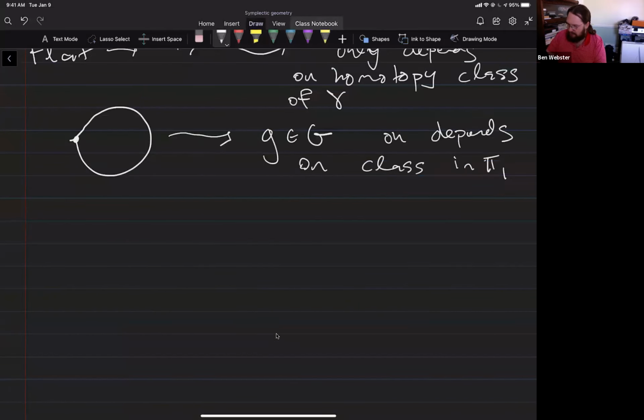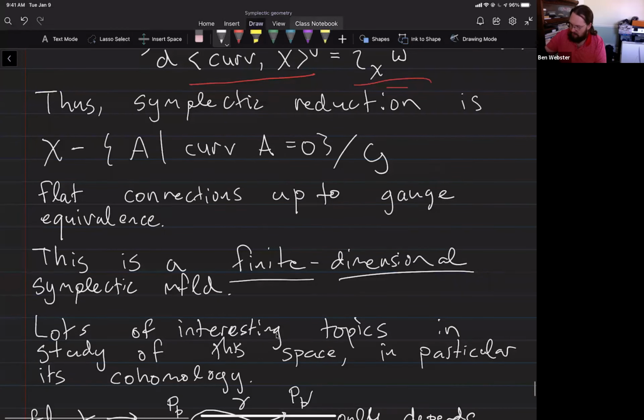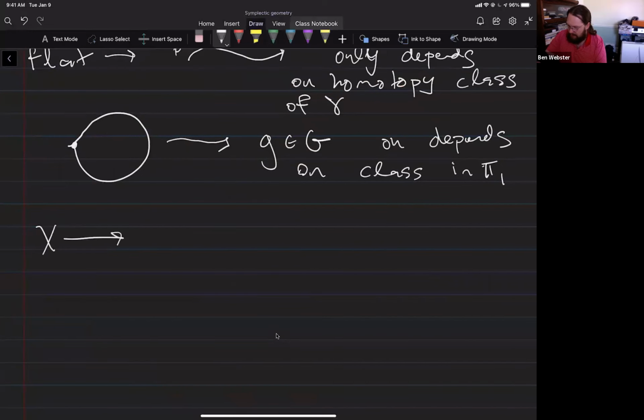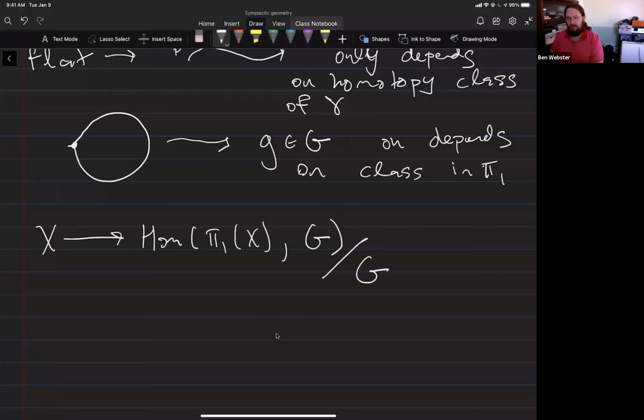So in fact, this reduced space, which maybe I'll give a name, X, each point in X gives me a homomorphism from pi1 into the group G. Modding out by gauge just means that I look at this homomorphism, and when I act by a gauge transformation, it conjugates this action by a particular element of the group. And this map is actually a bijection and a diffeomorphism, if you interpret what this is as a manifold correctly.